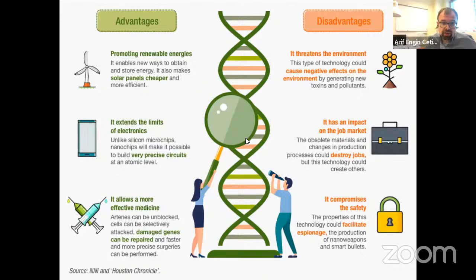So in summary, yes, nanotechnology has a lot of advantages: renewable energy, extending the limits of electronics, allowing drug discovery and treatment methods. But it also has a lot of disadvantages. It damages nature. It could damage human health.